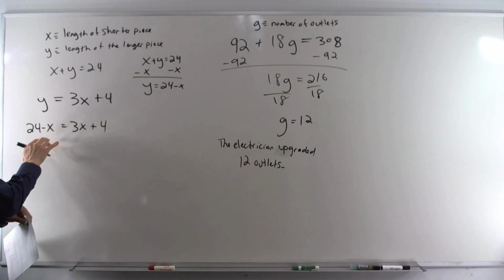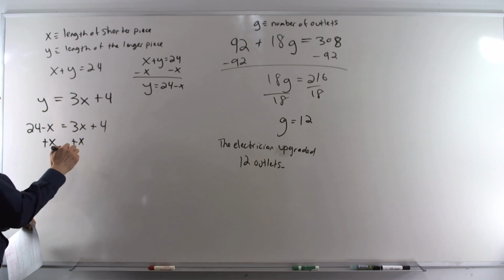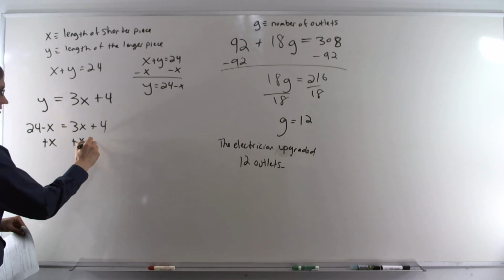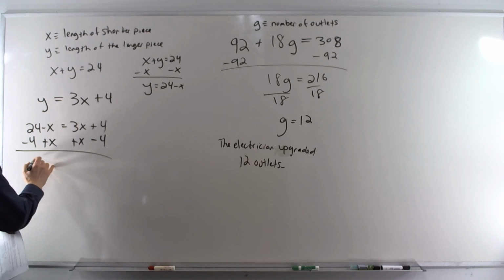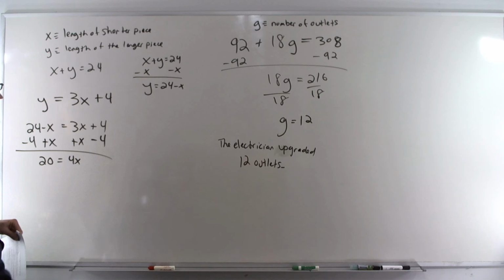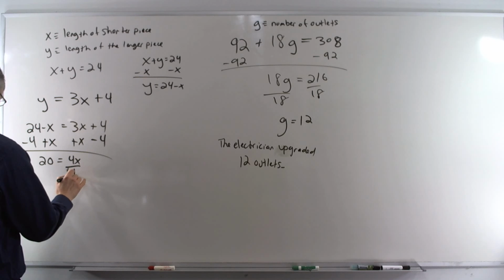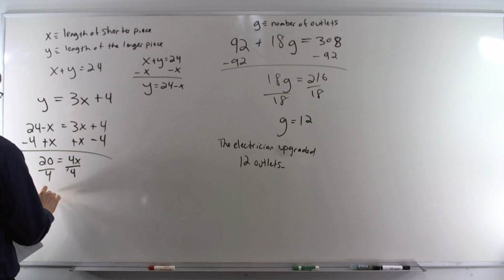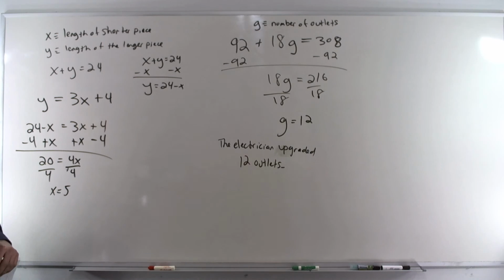Now I'll solve this. I'm going to get the x's all to the right, so I'm going to add x to both sides. Now I want to get the numbers all to the left, so subtract 4. And that gives us 20 equals 4x. Divide both sides by 4, we get x equals 5.